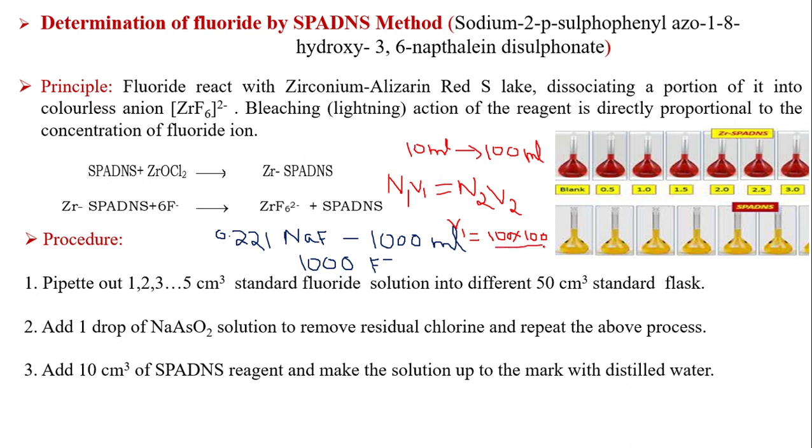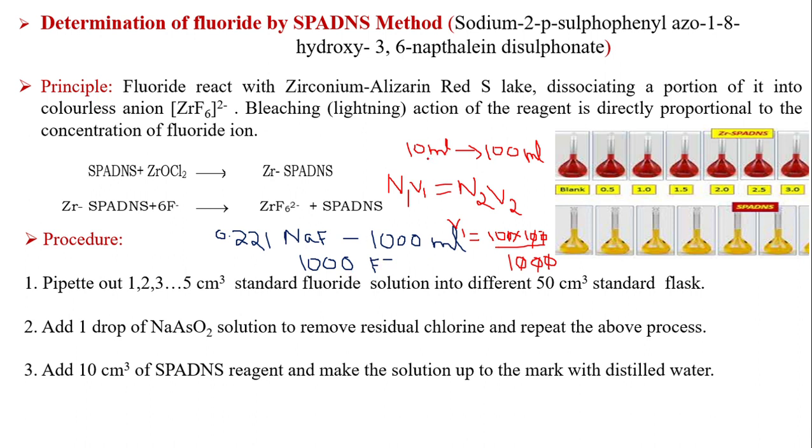V1 is equal to that divided by the original standard of the fluoride solution. If I simplify, you can see, two zeros cancel, again one zero cancels. So I have to pipette out just 10 ml of the original standard.